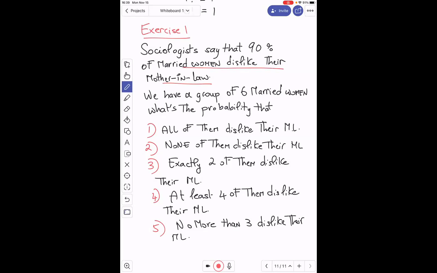Married women who dislike their mother-in-law. Absolutely. So you have this group of 6 married women, right? So you're gonna select a random married woman, right? And then you want to see if she dislikes or not her mother-in-law, right? So the two outcomes here are that either she's gonna dislike her mother-in-law or she's gonna not dislike her mother-in-law, right? So yeah, thank you, Asanta.